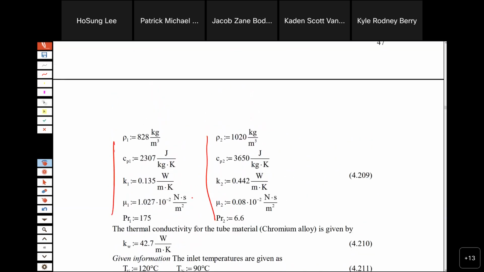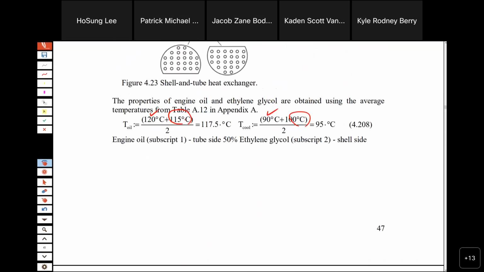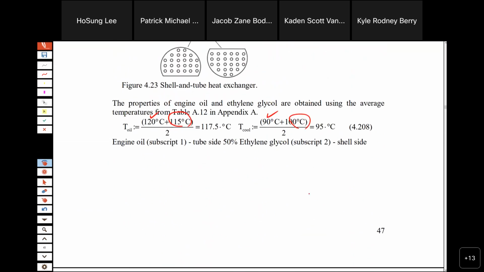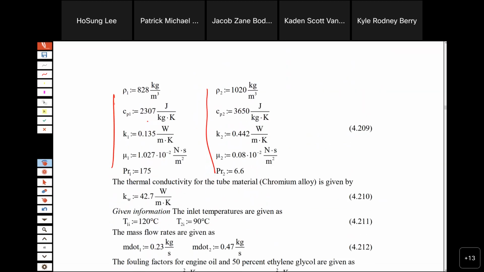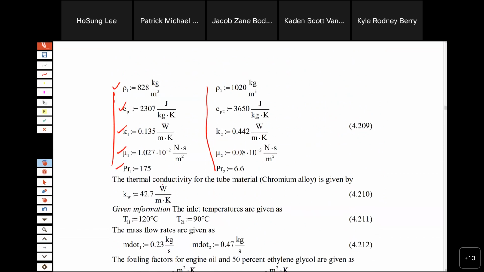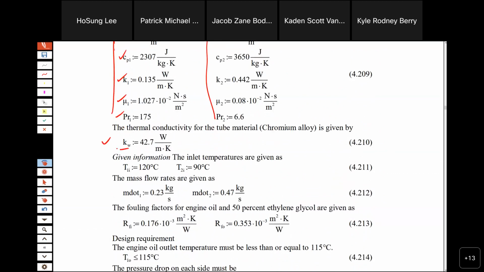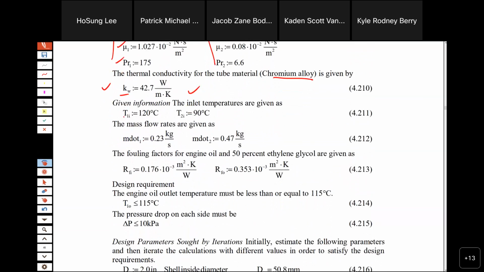But practically, if you assume it and finally the outlet temperature you get is too far, then you have to repeat the calculation. So you get the density, specific heat, thermal conductivity, viscosity, Prandtl number, and then the wall material properties. If it is a chromium alloy, it depends on the wall material and temperature.